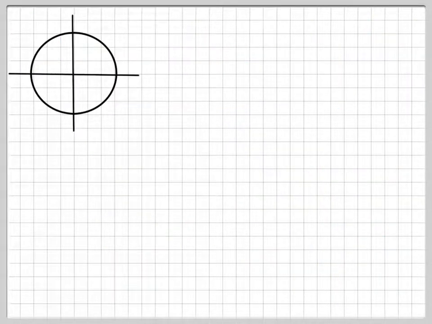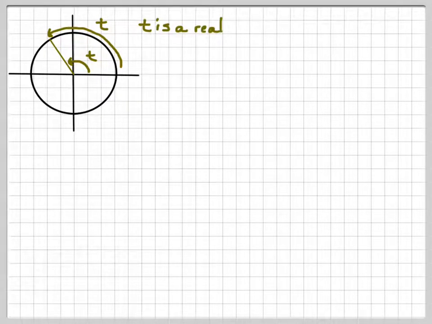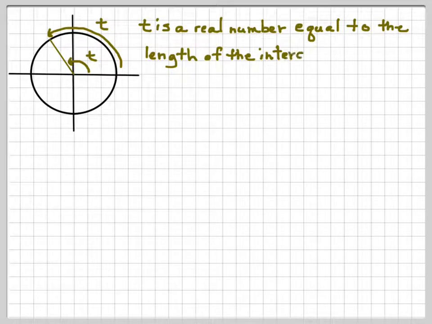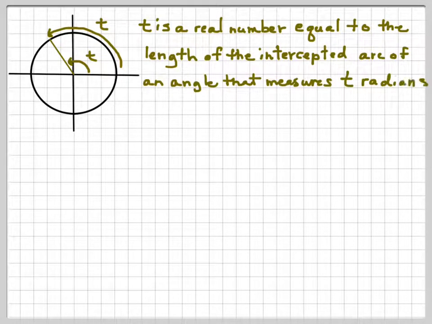Okay, let's go back to our unit circle again. And we are going to make our angle wind up in the second quadrant. And the arc length of t is going to be the same as the central angle t. The definition: t is a real number equal to the length of an intercepted arc of an angle that measures t radians.